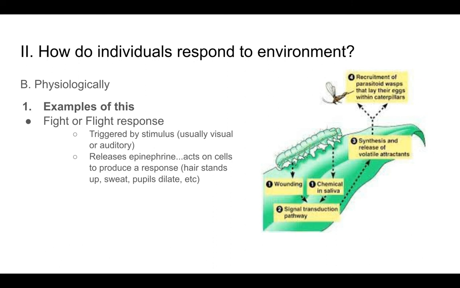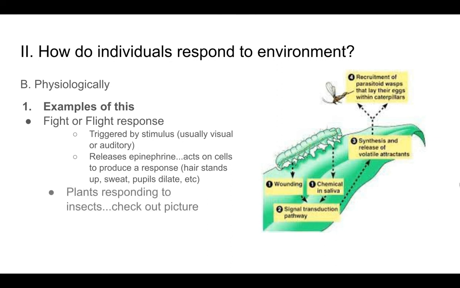Because of that stimulus, your body releases epinephrine that acts on cells in various locations in your body to produce the response that we associate with fight or flight. So you get really nervous, think about your palms sweat, the hair on the back of your neck stands up, your pupils dilate, your heart rate increases, your breathing increases. All of those are a physiological response to an environmental stimulus.